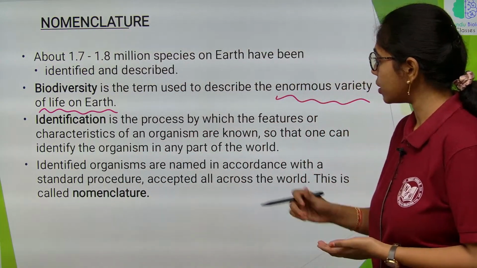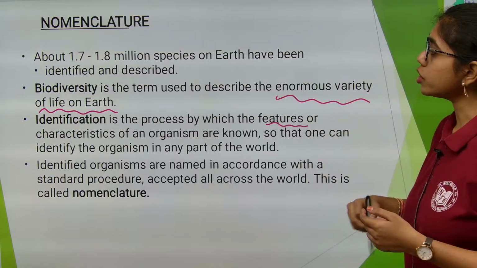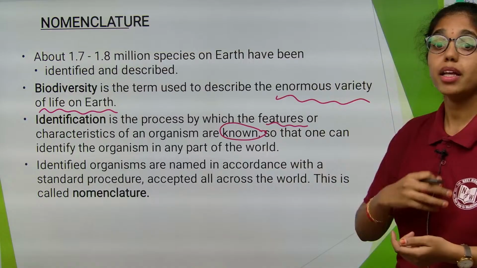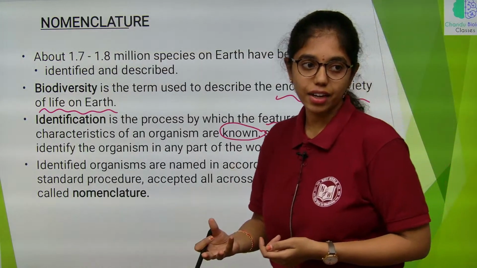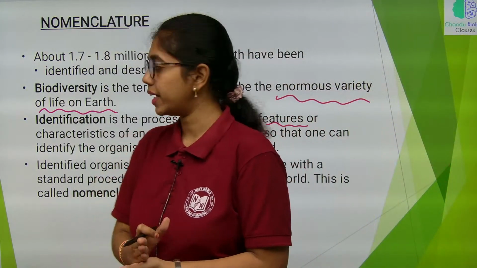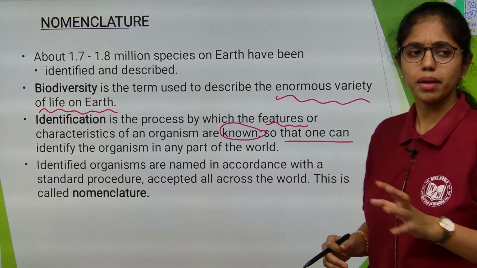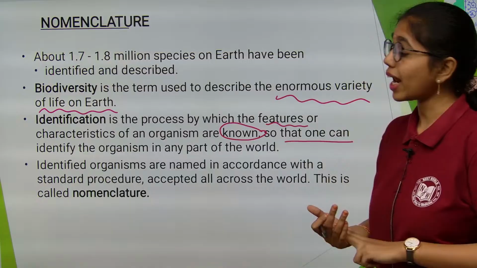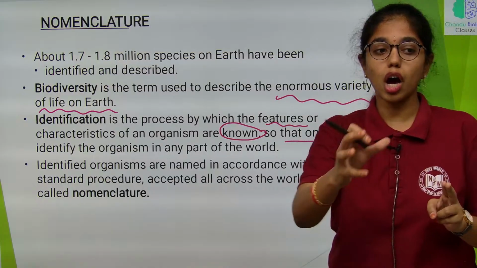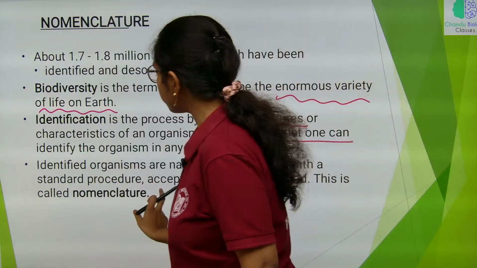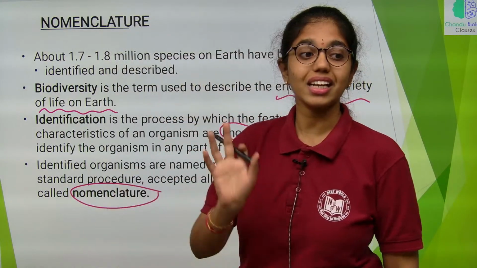Identification is the process by which the features or the characteristics of the organism are known. Mostly the morphological features or characteristics are to be first identified, so that one can identify the organism in any part of the world, and after identification that this organism belongs to this, then comes the concept of nomenclature, that is naming them.